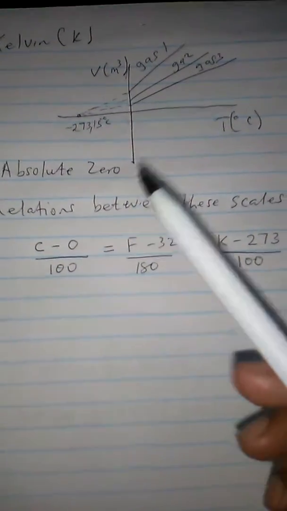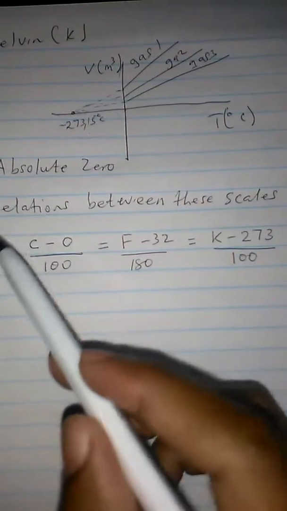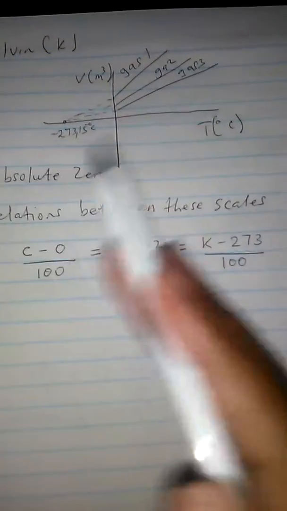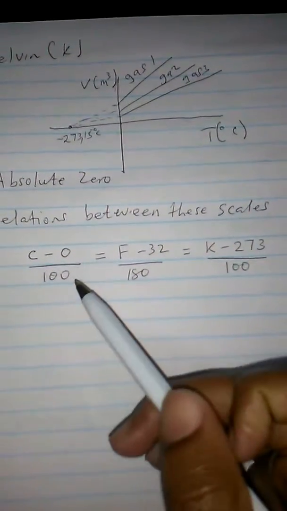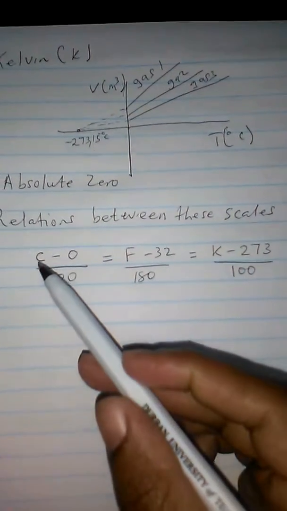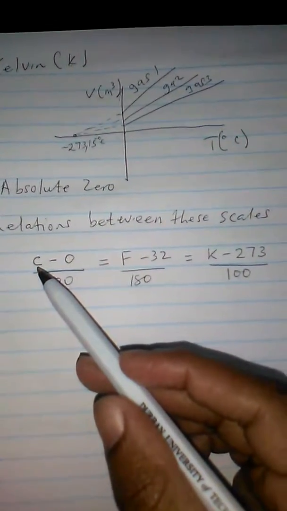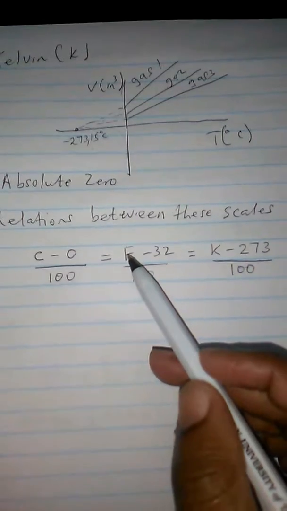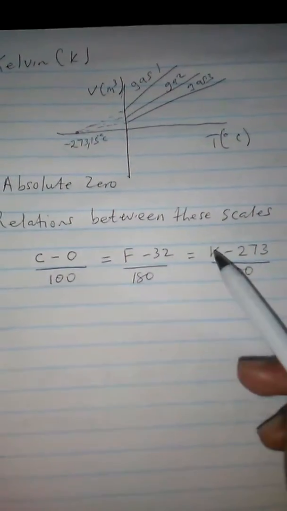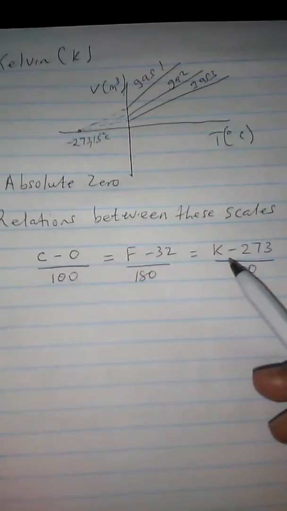The relation between these temperature scales is a means or an aid of helping us to convert one unit to another. If you get a temperature expressed in Celsius degrees, for instance, this relation can help you to convert it to Fahrenheit. It can help you to convert it to kelvins.